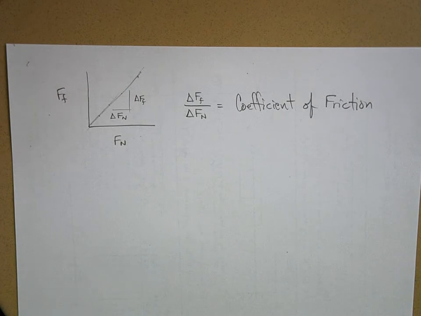It's grippier. Steel on ice would have a very low coefficient of friction, like 0.1 newtons of friction for every newton of normal force. But tire rubber on dry pavement is going to be very high, like 0.8, 0.9, 90%.